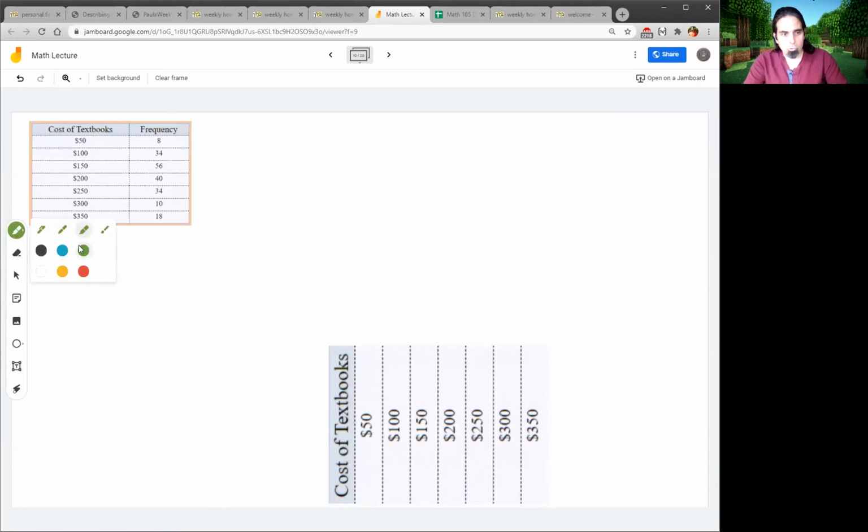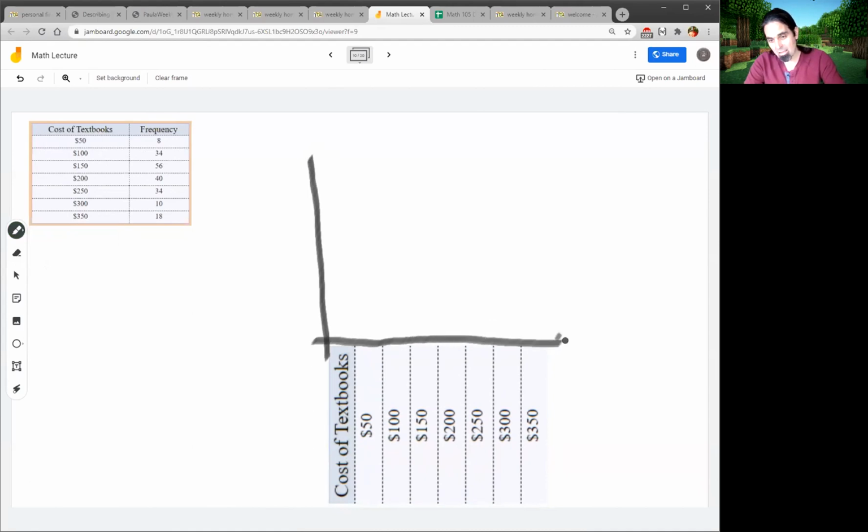So if I'm trying to draw my nice histogram, then I need an arrow there, do I? We have 50, 100, 150, 200, 250, 300, and 350. The highest is 56. So I'm just going to say 60 because I do math with 60 a lot better than 56.